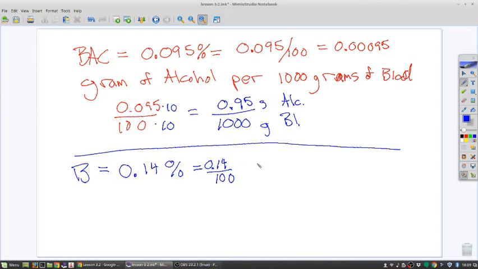If we multiply top and bottom by 10, that would be 1.4 grams of alcohol per 1,000 grams of blood. And again, you're going to be given some questions where you're asked about 1,000 grams of blood. Some people don't like a decimal on the top, so I could say it's 14 grams of alcohol per 10,000 grams of blood. And so there's a lot of different ways of looking at that.